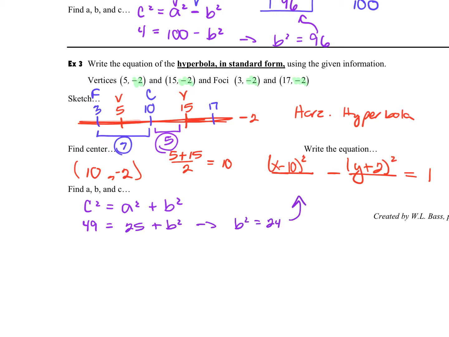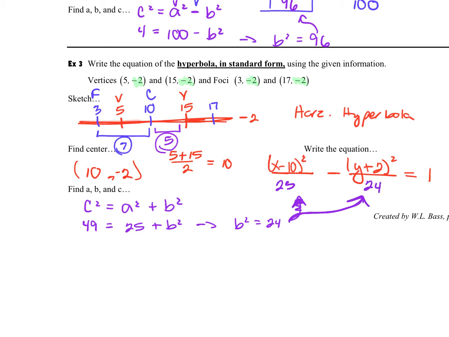That's going to go, oops, I didn't mean that to go under the x there. That's not going to go under the x. It's going to go under the y, because our distance from the center to the vertices of 5, that one's 25. That's going to go here. Ignore that piece. And the 24 is that vertical distance we just calculated.